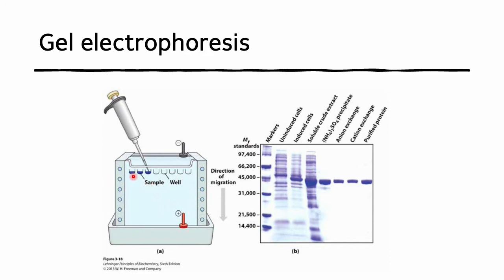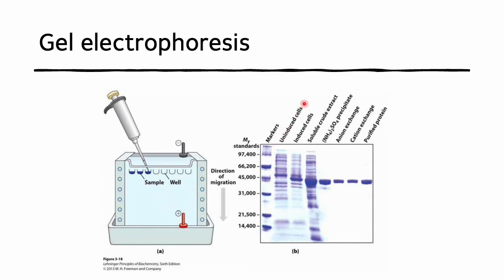And when this loading sample, which contains various types of protein, undergoes gel electrophoresis, with the help of charge they enter the gel and they get separated according to their size. As you can see here, this is about molecular weight. And you can see the marker here.